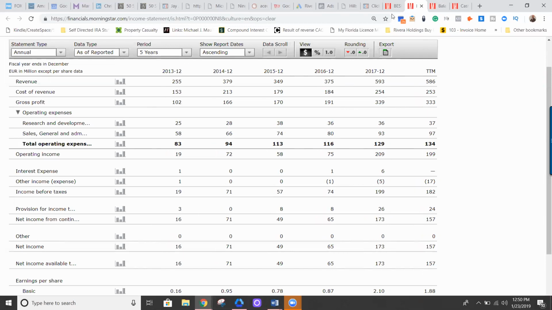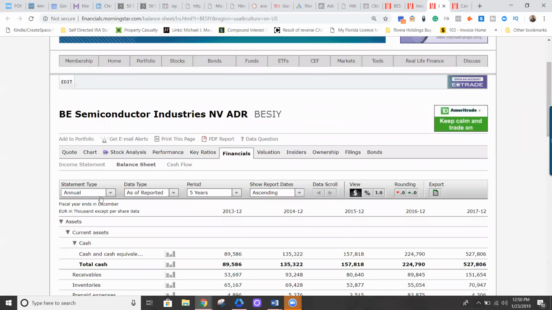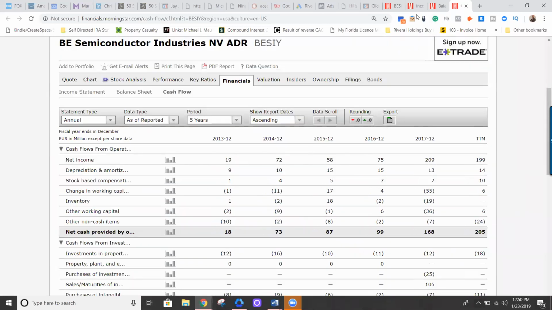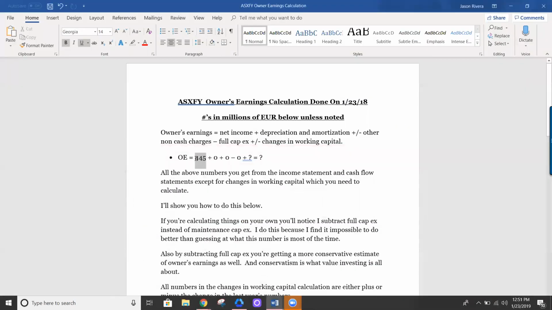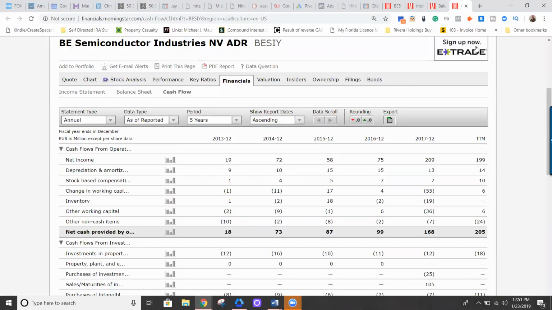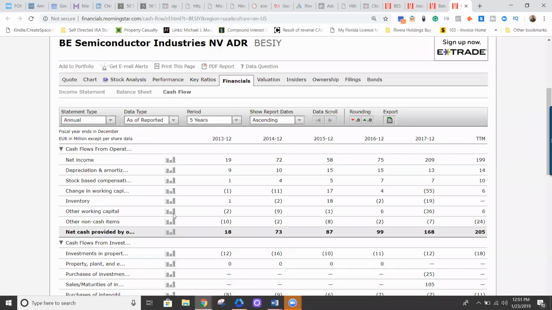Okay, I'll go back up to millions. Make sure we do it all. Right. So 157 plus depreciation, amortization, 14. Plus minus other non-cash charges.